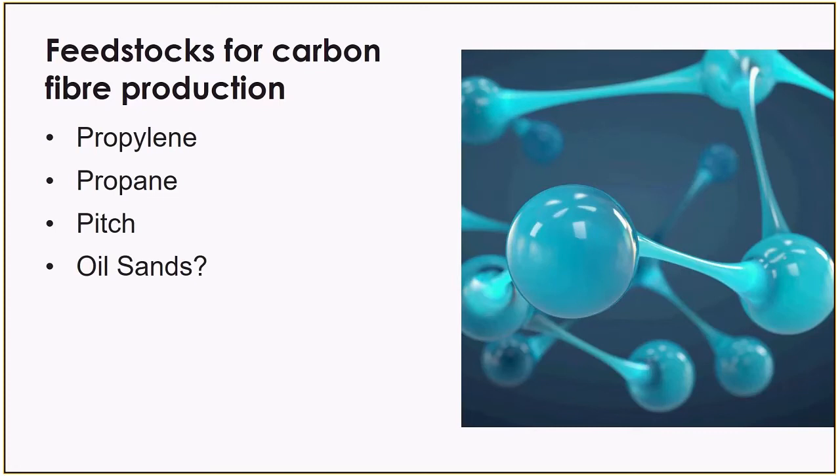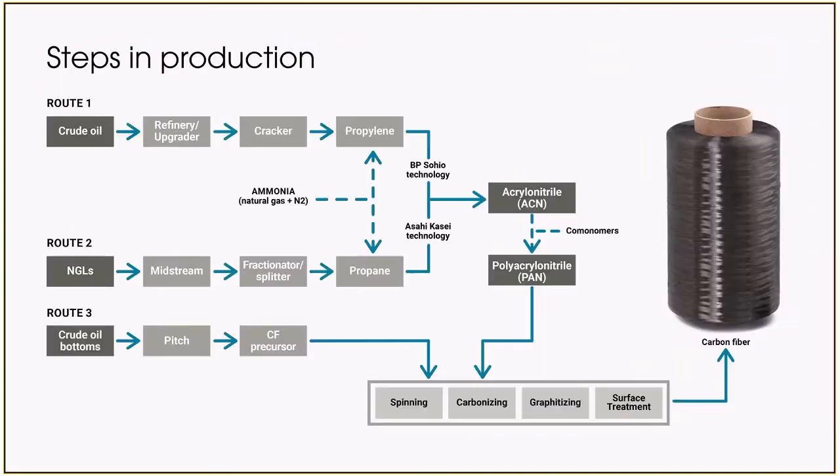About 10% of the market of carbon fibers right now is made from pitch, which is a very heavy oil bottoms feedstock. And what we've discovered in the BBC2 phase 2 study is, considering that oil sands and bitumen is particularly carbon rich, we have a new pathway that we've been exploring, and we'd like to share some more on that on our steps in production.